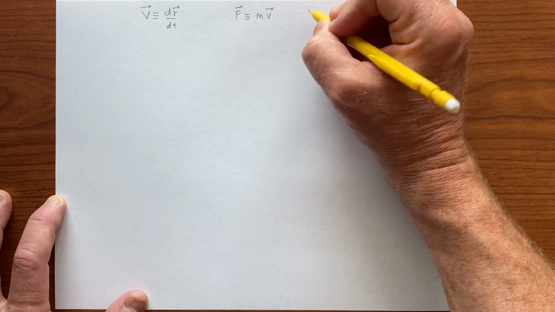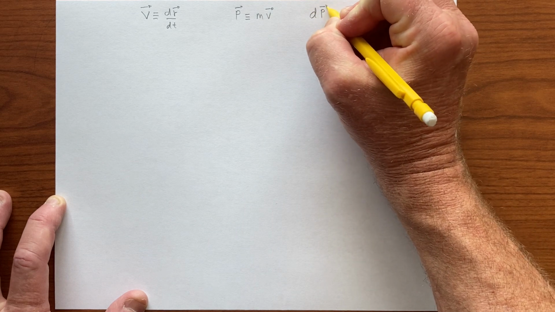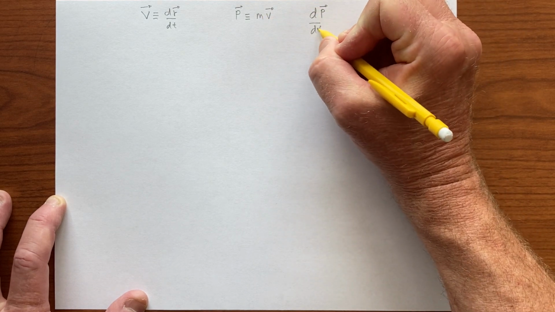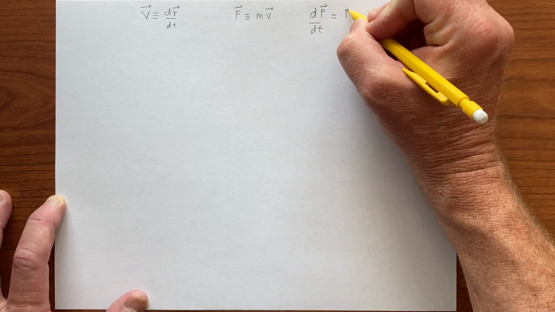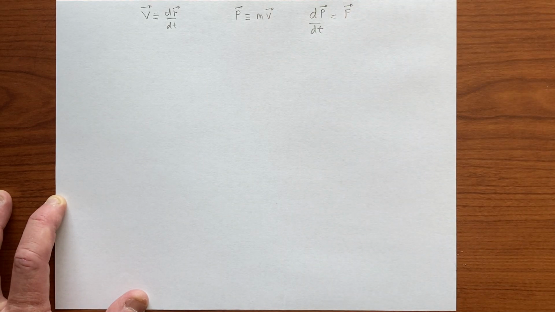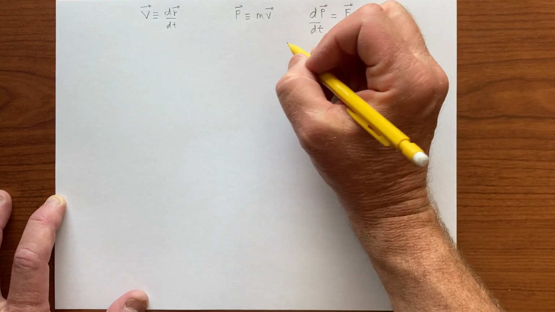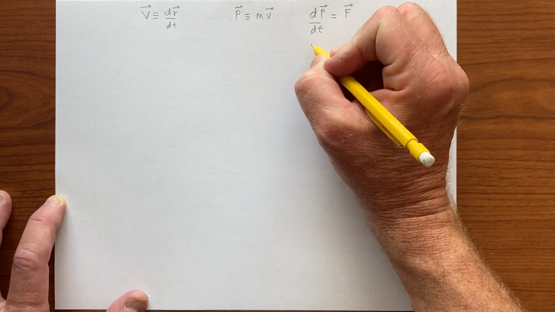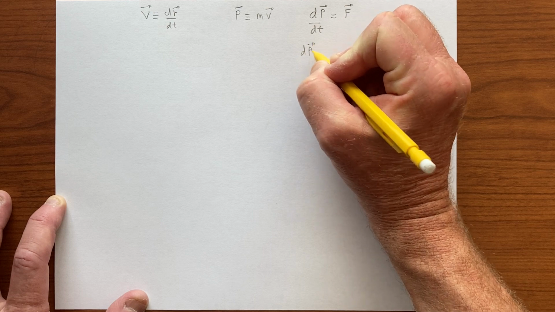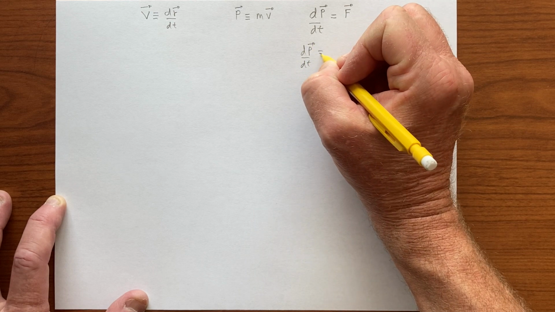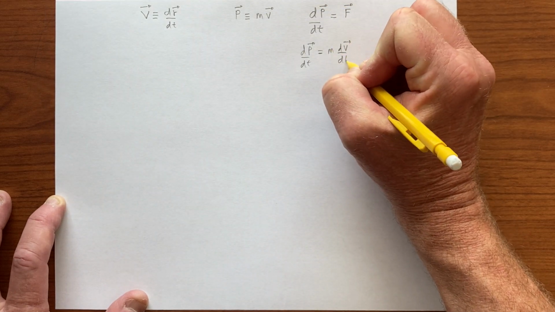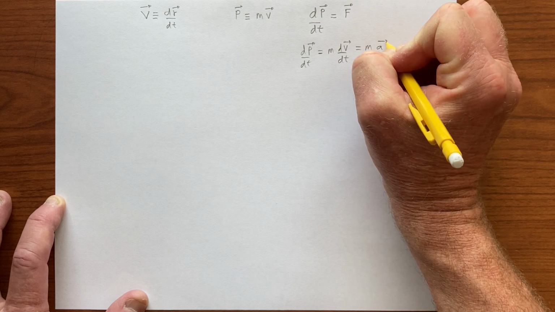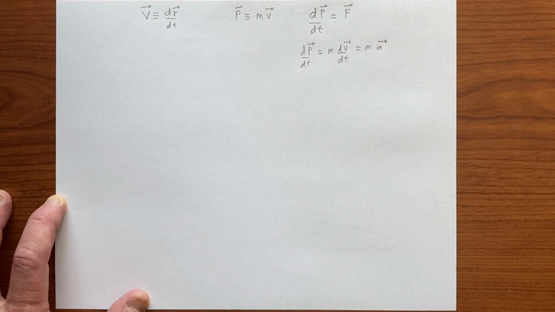And we noticed that if the mass is constant, then we can write Newton's second law as the time derivative of the momentum being equal to the force. If we think of dp/dt and apply it to this, the mass is constant, this is dv/dt, that's mass times acceleration, and that's Newton's second law.